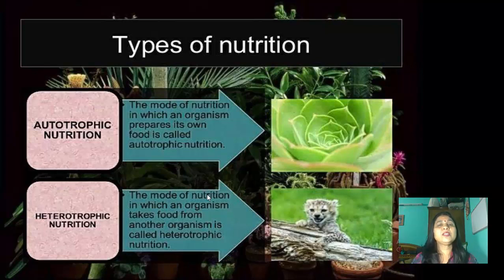Otherwise, those plants in which green color is not there, that is chlorophyll is absent, depend on other plants or animals, including insects, for their nutrition. So the mode of nutrition in which an organism takes food from another organism is called heterotrophic nutrition.